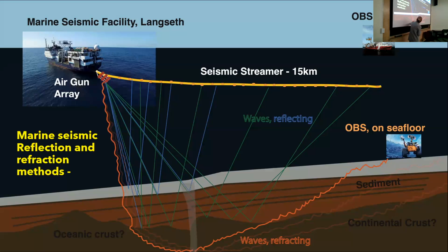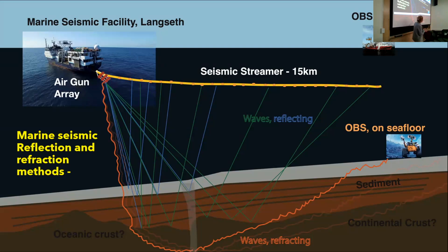These wiggly orange lines are now waves that are bending through the subsurface. We need farther offset listening devices to make the geometry work to listen for refracted waves. This gives us two different types of data.